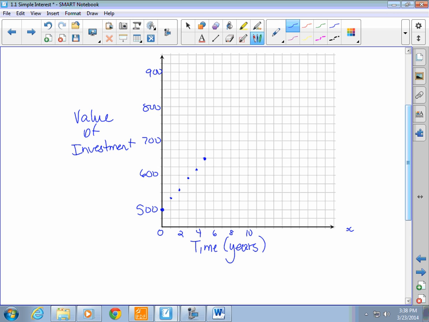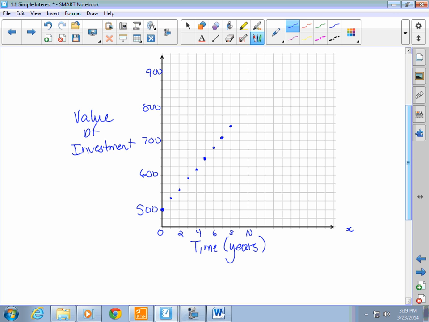Year six would be $180. Year seven would be $210. Not quite halfway. Year eight would be $240. So just below that $250 mark.